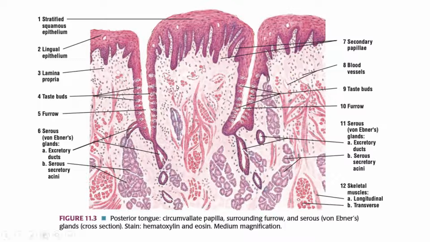Then they are connected to the nerve fibers, and the nerve fibers can bring the information to our insula, the lobe of our brain, and then we can get the sense of taste. In this picture, you can see the glands here.